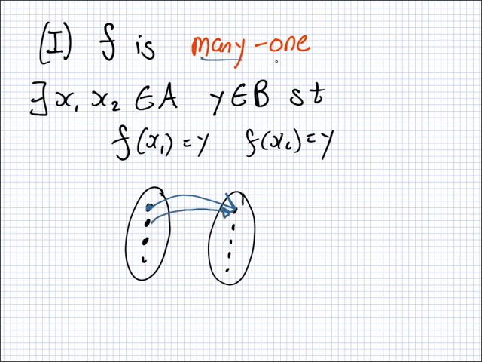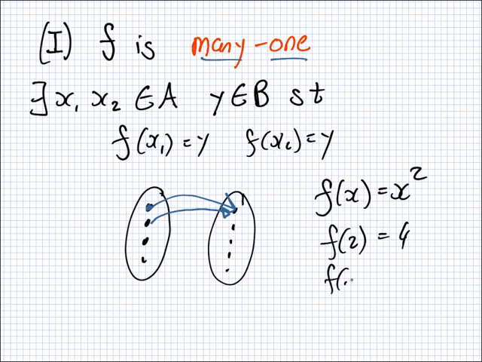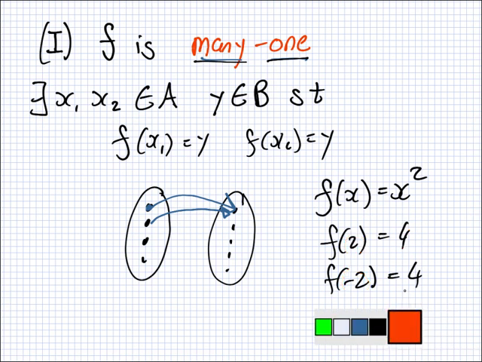Then we call it many-one. Now I'll give you an example. f(x) equals x squared, because f(2) is equal to 4, but f(-2) is also equal to 4. So we call this many-one because you could have many x's but 1 y. You get the idea?